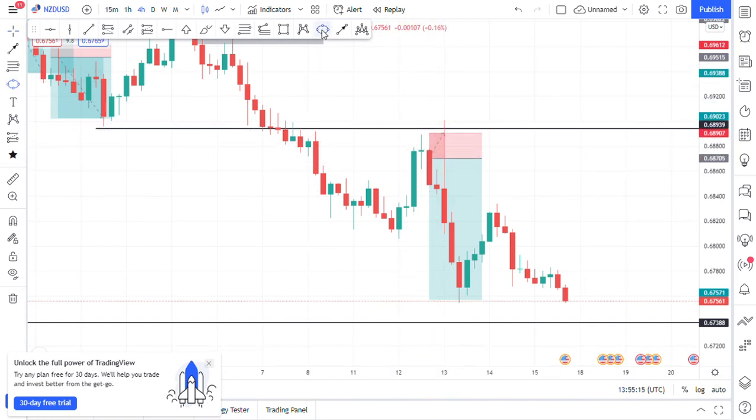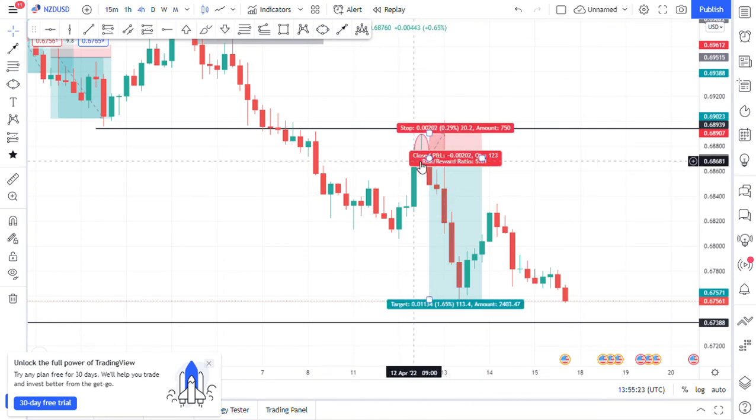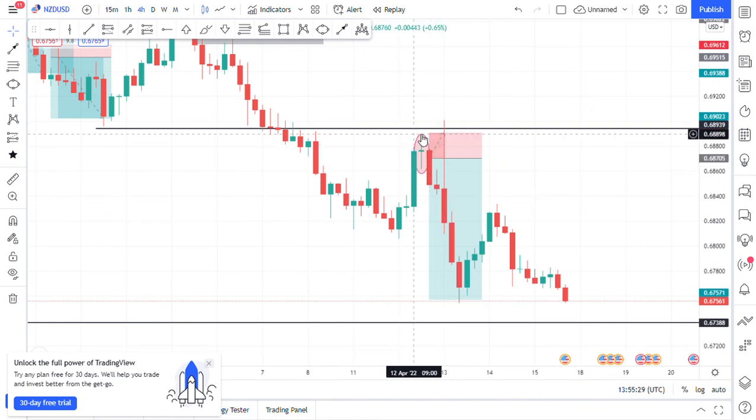It was at the formation of this indecision candlestick that I took this trade. I entered aggressively when I saw the 1 hour, the 4 hour pushing to the downside. My stop loss was right above this candlestick here for safety reasons.